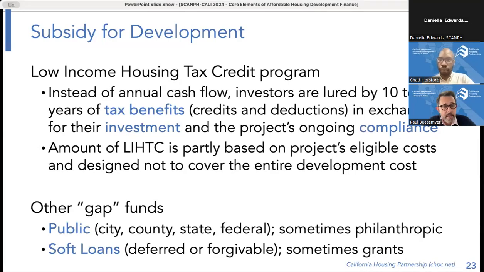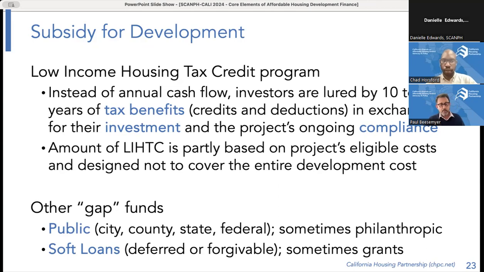And the amount of the low-income housing tax credit, it's not rocket science. It's not even algebra 2, but it is formulaic, and it's based in part on the project's eligible costs. The main thing to know is it's not designed to cover 100% of the costs of a project. The low-income housing tax credit will raise equity to cover somewhere between 40 and 60%.